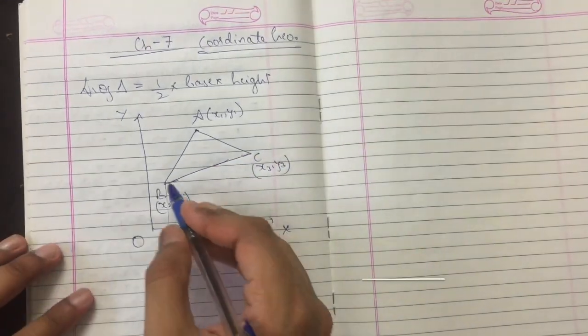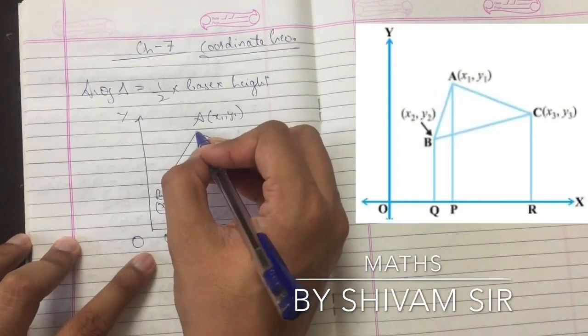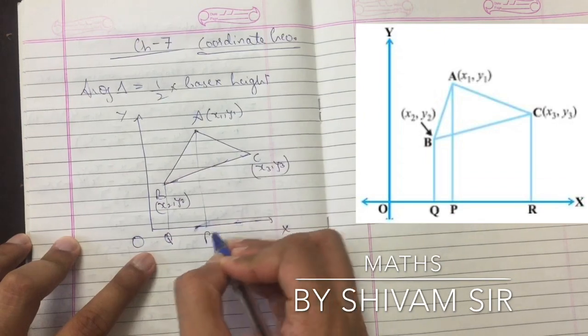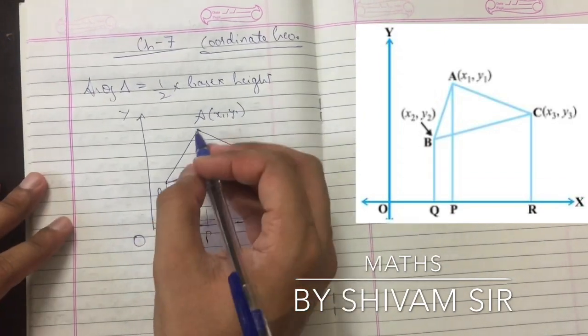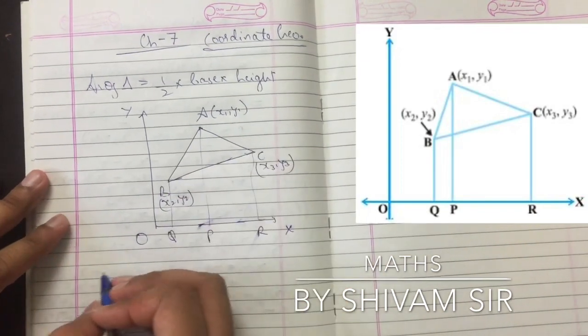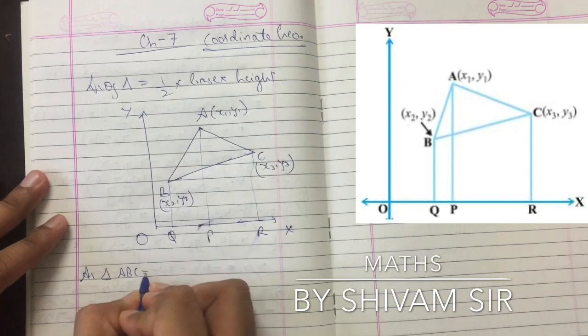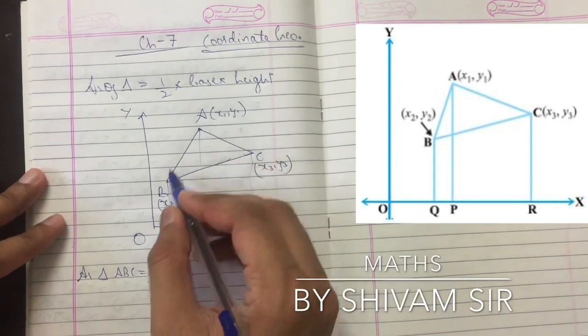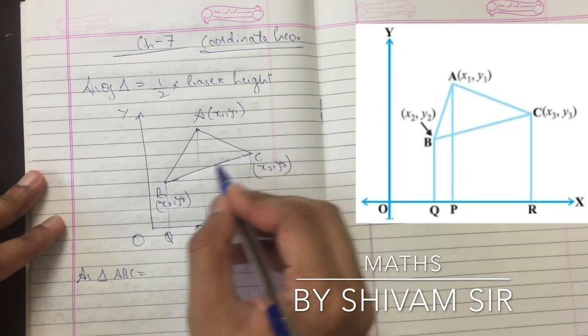So let this point on the x-axis be Q, this point on the x-axis be P, and this point on the x-axis be R. So the area of this triangle ABC will be the area of this trapezium plus the area of this trapezium minus the area of this trapezium.